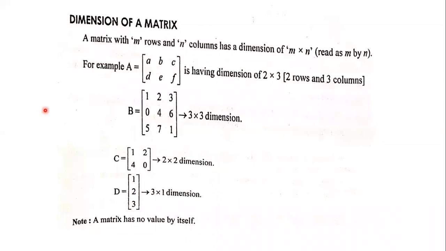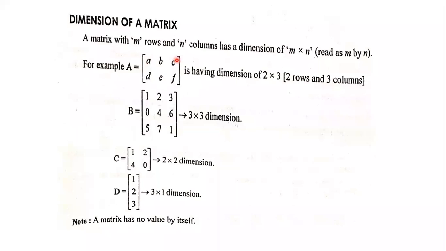Now how many rows are there in this matrix? See, this is first row A, B, C, and this is the second row, correct? So how many rows are there in this matrix? Quickly answer. 2 rows? Okay. How many columns are there in the matrix?